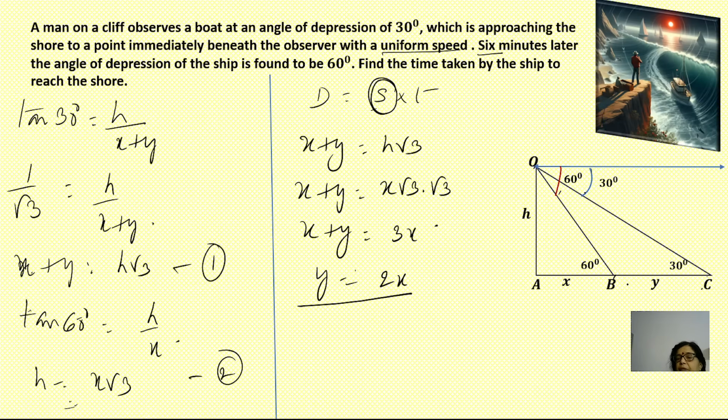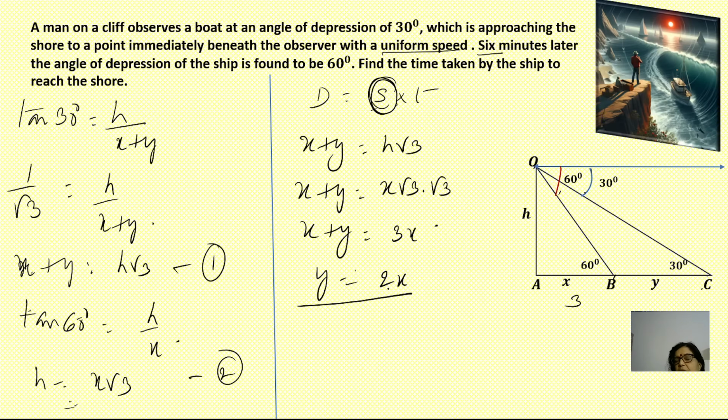So obviously if the time taken by the particular ship to complete this distance Y is 6 minutes, and since it is moving at a uniform speed, the speed is the same. So logically also if you analyze it, this distance X will take only 3 minutes to cover the distance AB, half the time.